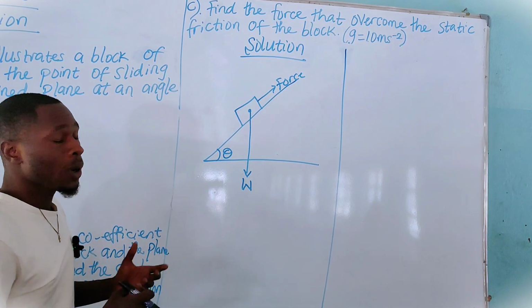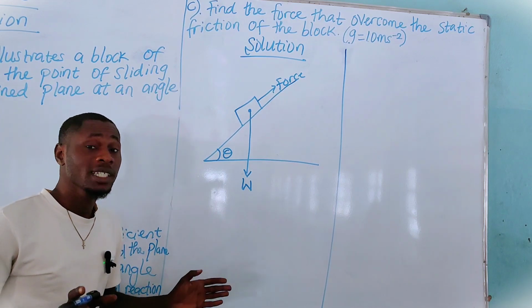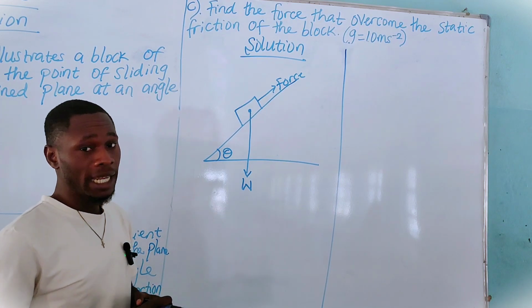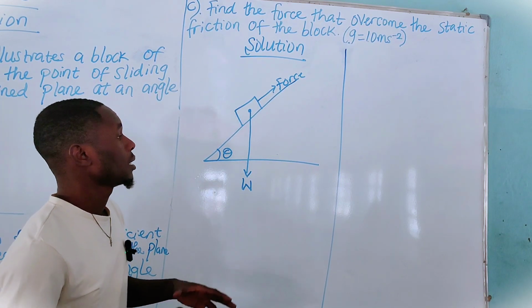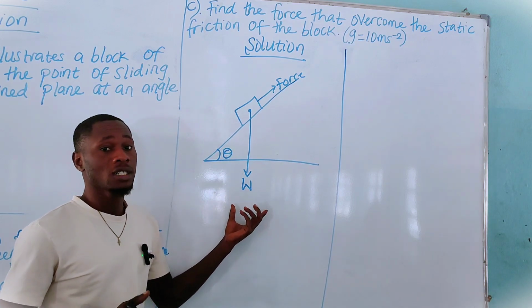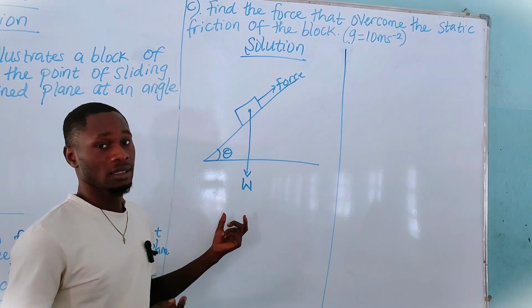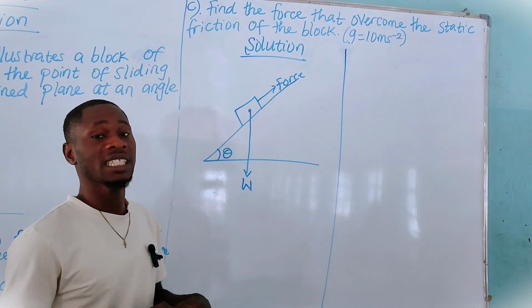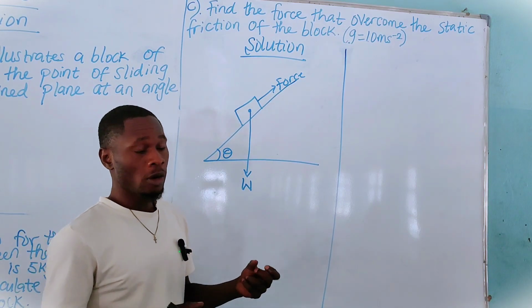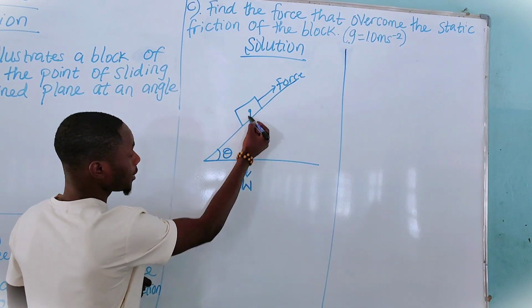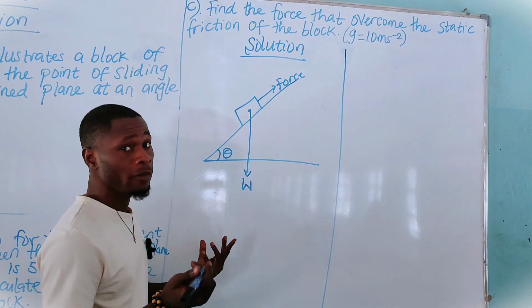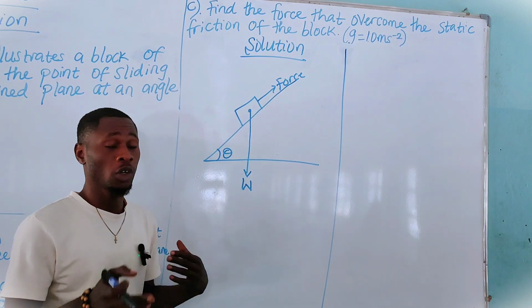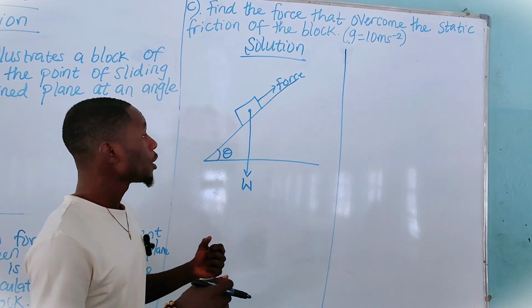One thing we need to know about a body resting on an inclined plane is that the weight of the body has two components, the horizontal component and the vertical component. So we are going to resolve it into the horizontal and the vertical component.